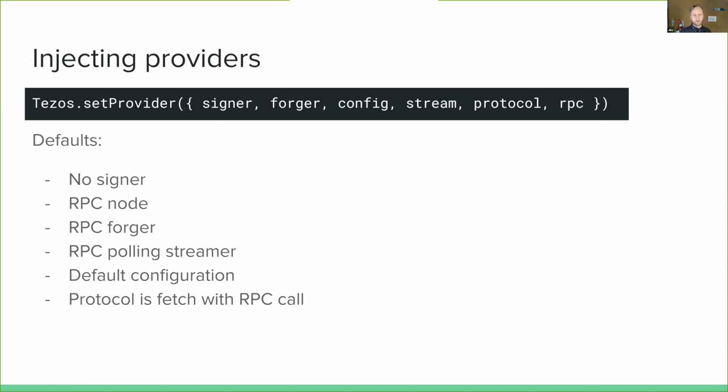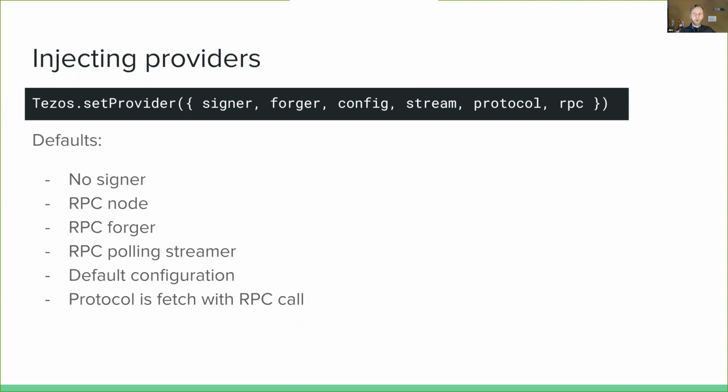And then you can also specify the protocol to use when interacting with the RPC node. This is a little bit lower level, but you don't usually need to specify this. Taquito will actually introspect the Tezos node to see which is the active protocol.